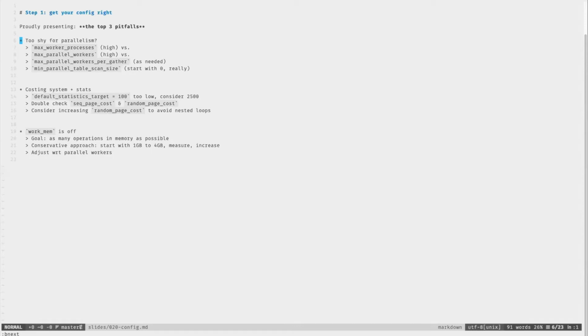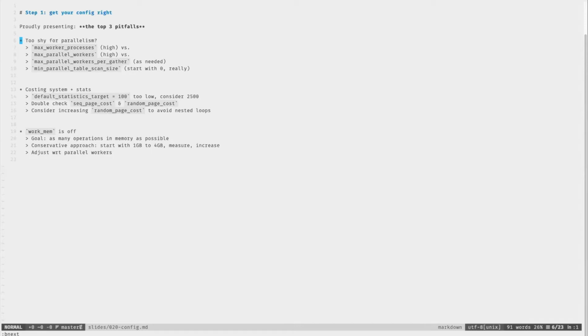Our typical advice here is that you have to think in terms of pooling, where your max worker processes is one pool and your max parallel workers is another pool. And then the one who really defines what's going to be driven to the system is the max parallel workers per gather. So they all depend on each other.